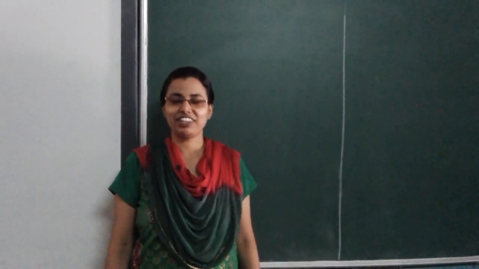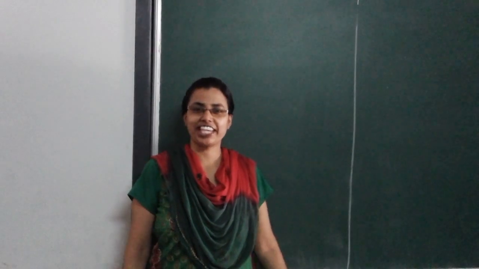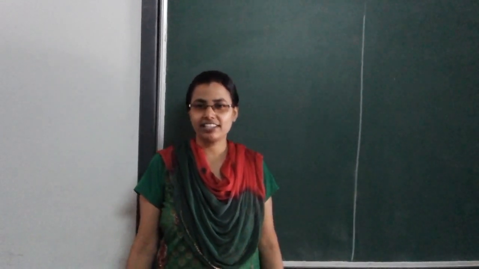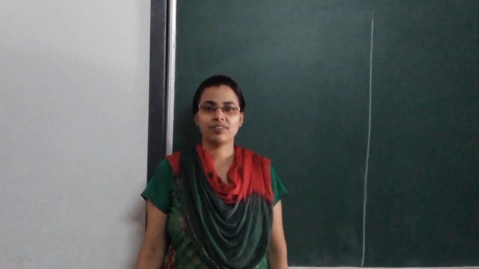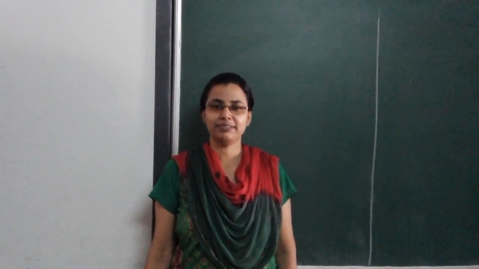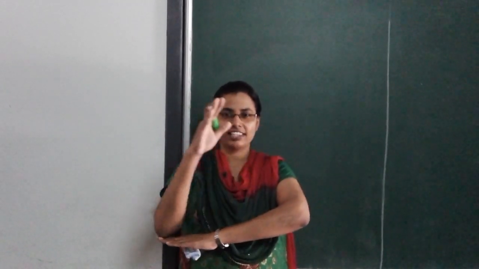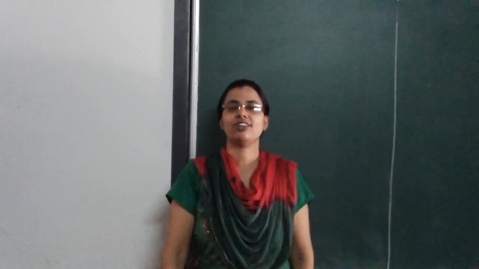Did you complete the first problem, children? Okay. Now all of you stand in your places. Now let us try to make angles using our hands. Make an acute angle, children. Did you do it like this? Good.